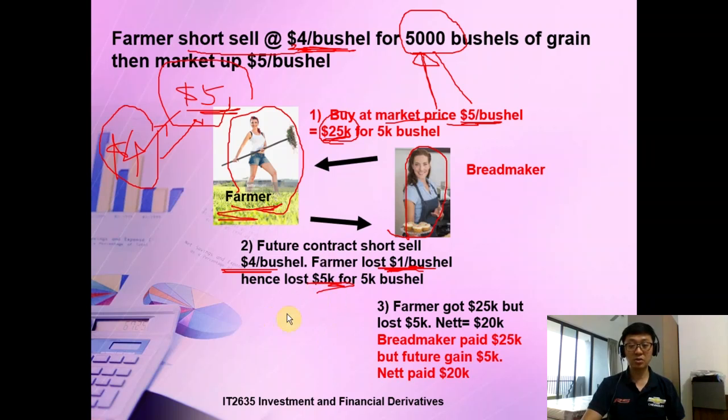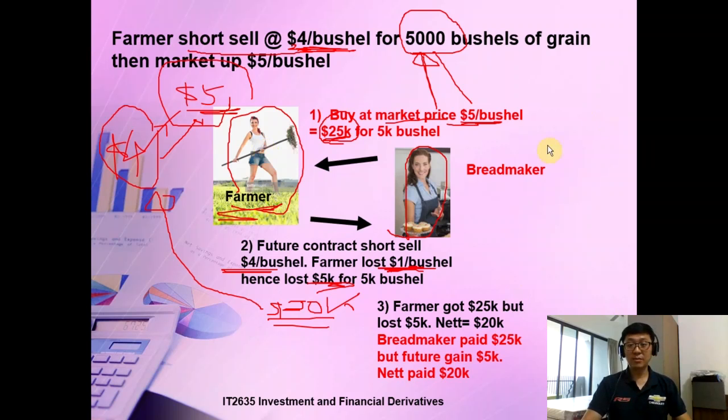So it's back to square one, which is 20K, right? 20K will be the net sales by this farmer, because even though the bread maker paid the farmer 25K, he lost on the futures contract 5K. So net is 20K, and that 20K is equivalent to that $4.